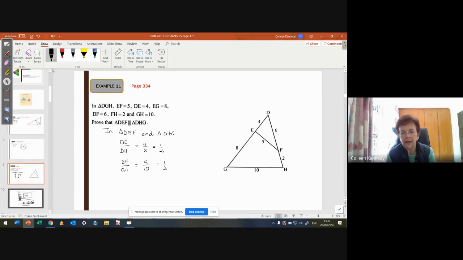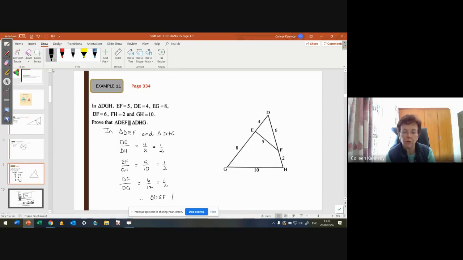So your longest side in DEF is DF over your longest side in the other triangle, which is DG. And that's going to be 6/12. Which equals 1/2. And only now, because all 3 are in the same ratio or in proportion, we can then say, therefore, triangle DEF.